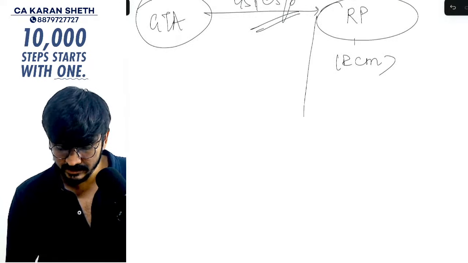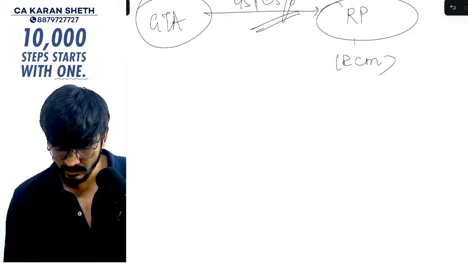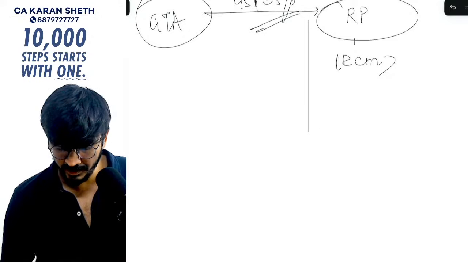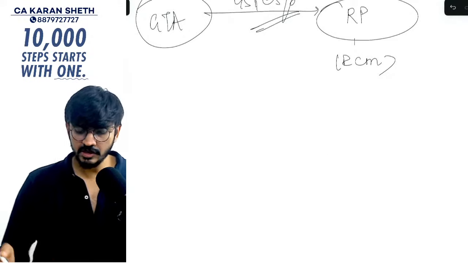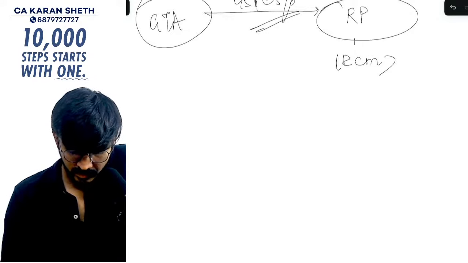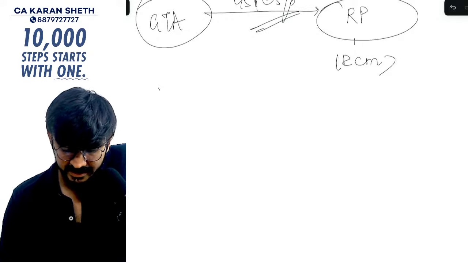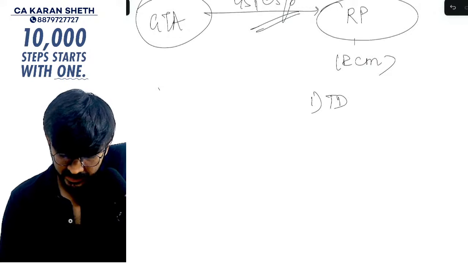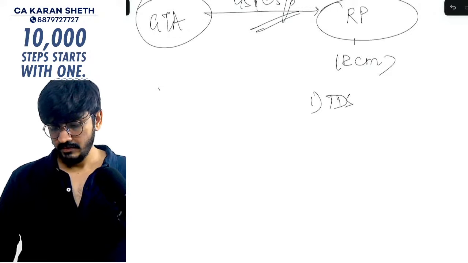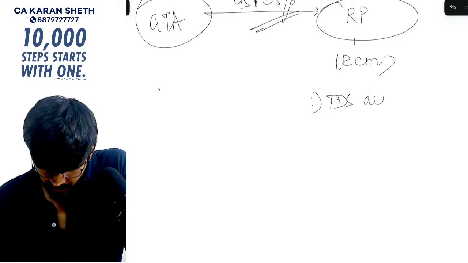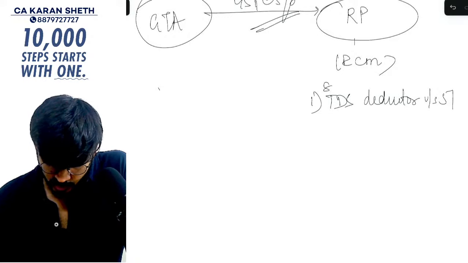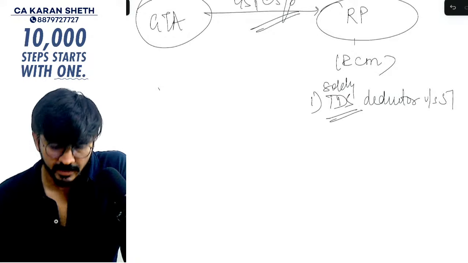Now the thing is, what if this registered person is a TDS deductor under section 51, solely a TDS deductor?